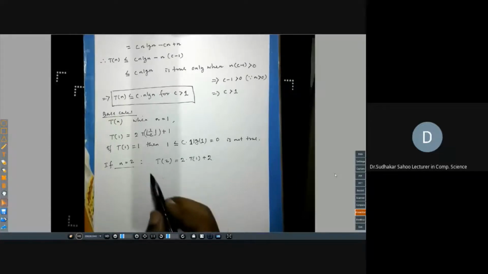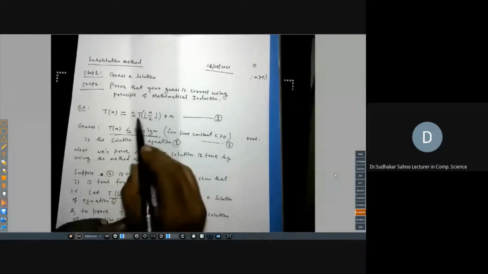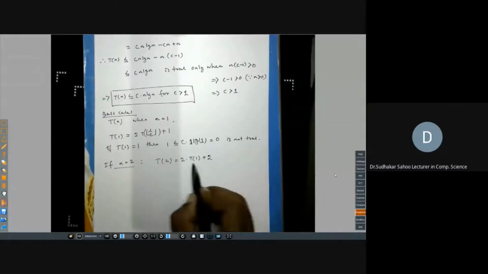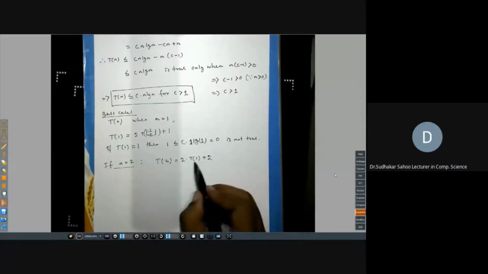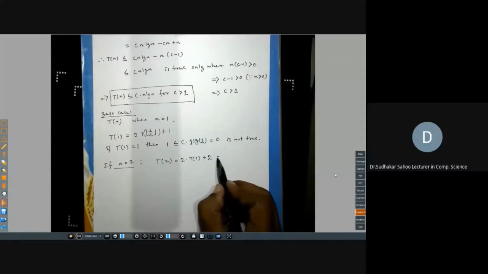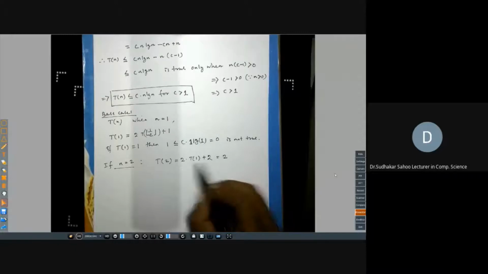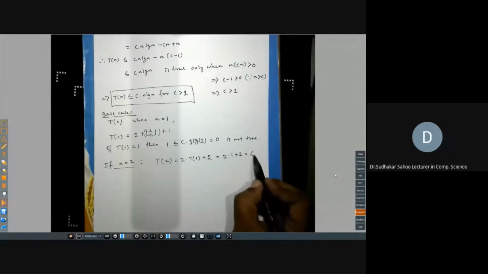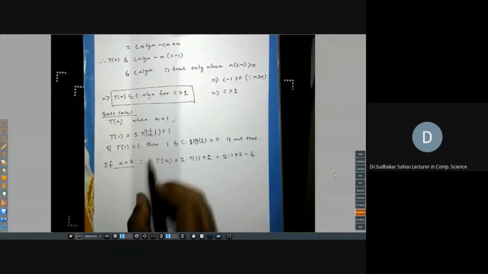I have substituted: T of 2 equal to twice T of 2 by 2, which is 1, floor is 1, plus 2. T of 1 is 1, it's given. So this will be 2 plus 2, which is 4.